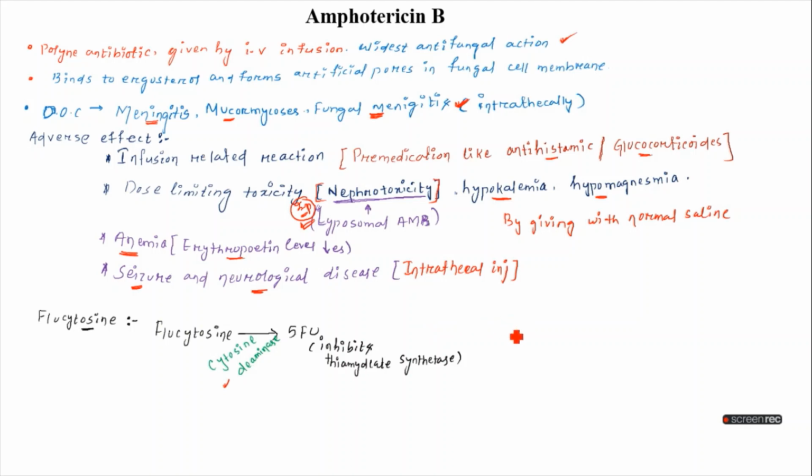The adverse effects you will observe are bone marrow suppression, liver dysfunction, and another one is alopecia. Flucytosine has synergistic action with amphotericin B.